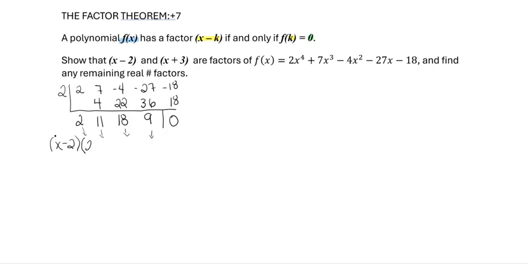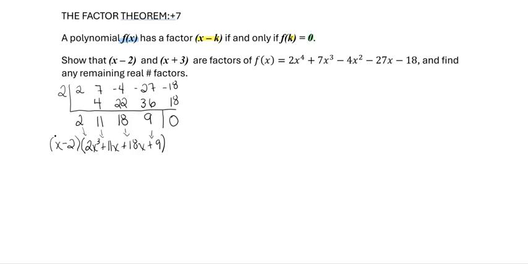So it's going to become 2x to the third plus 11x squared plus 18x plus 9. So my two factors so far are x minus 2 and then 2x to the third plus 11x squared plus 18x plus 9, because x minus 2 goes into the original polynomial evenly. It is a factor of it.